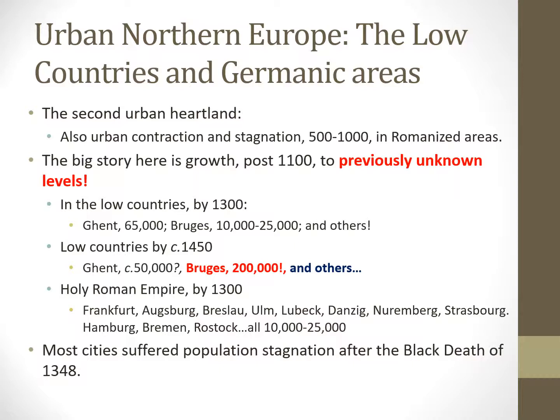Now, a lot of these are cities right out at the fringe of what had been Romanized back during the age of the Roman Empire. And these cities, like those in the Low Countries, suffer population loss and a certain degree of stagnation during the Black Death, but urban life proves resilient and carries on.